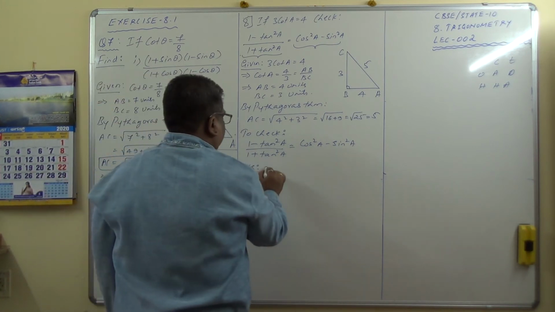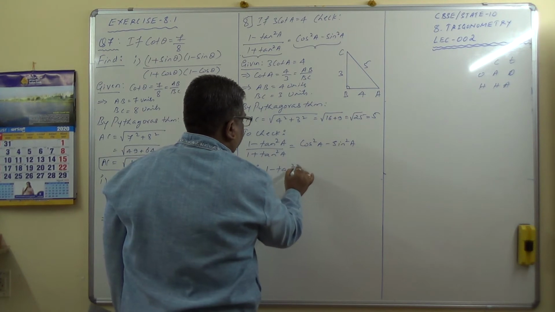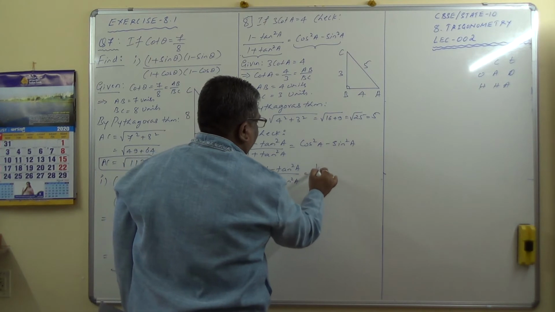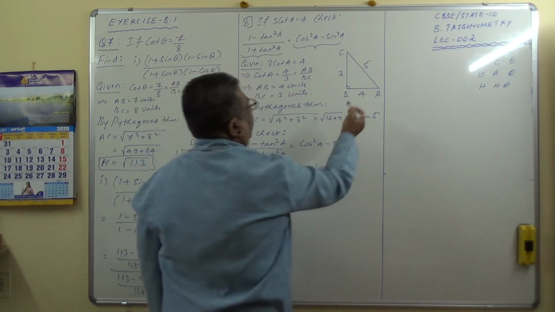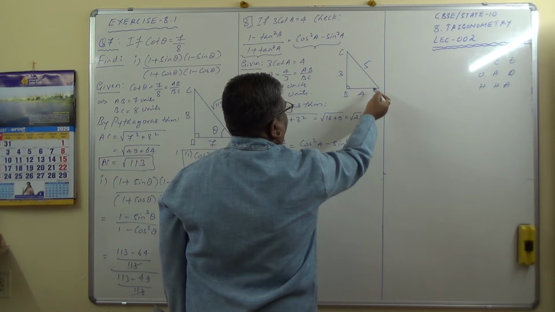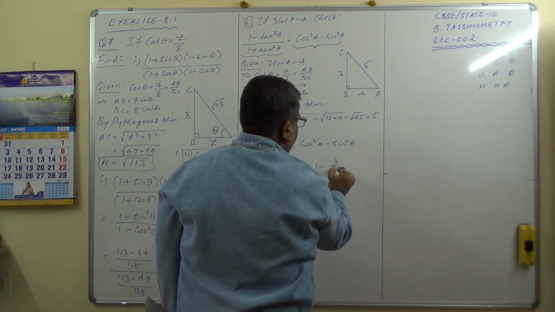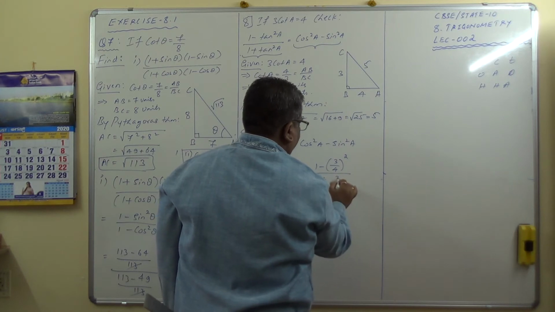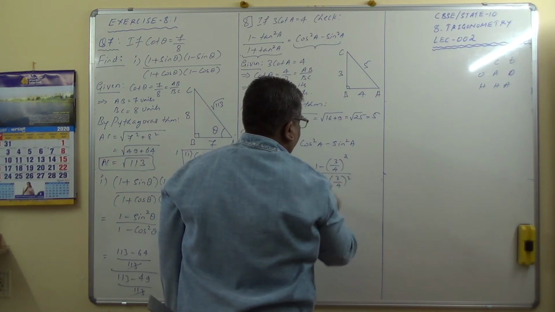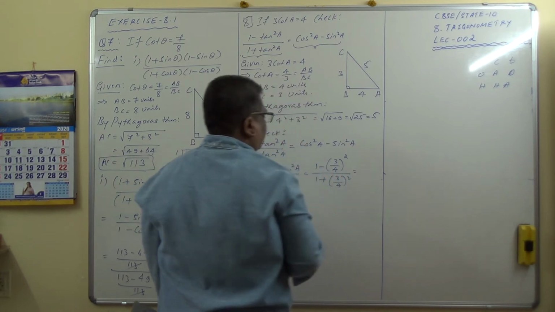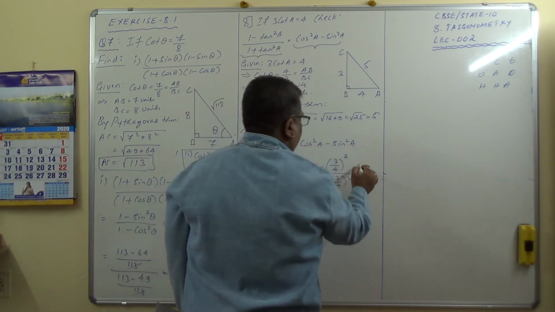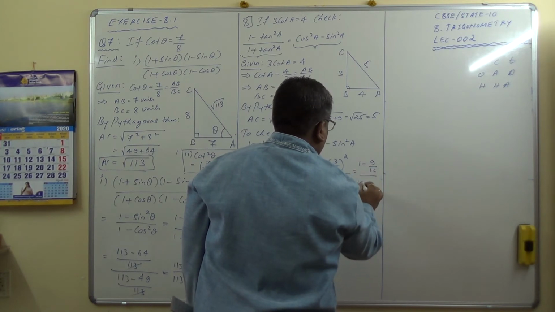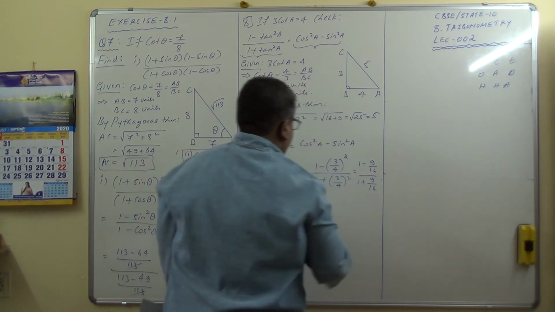So left hand side, 1 minus tan square A divided by 1 plus tan square A equals 1 minus tan of A the whole square, tan of A is 3 by 4, 3 by 4 the whole square divided by 1 plus 3 by 4 the whole square, which equals 1 minus 9 by 16 divided by 1 plus 9 by 16.